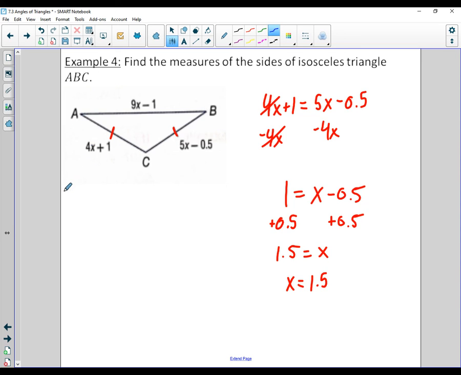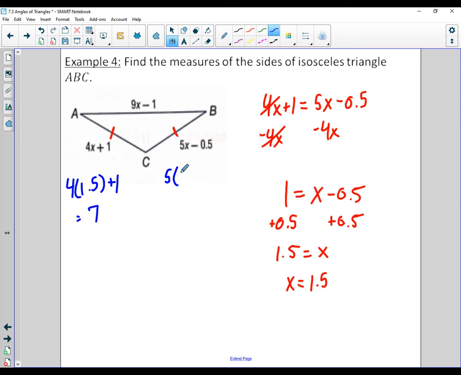So if this side is 4x plus 1, well, I just said that x is 1.5. So 4 times 1.5 plus 1. 4 times 1.5 is going to be 6, plus 1 is going to be 7.